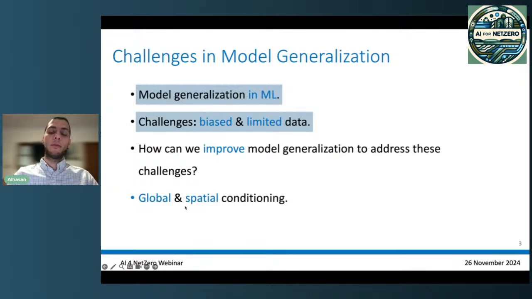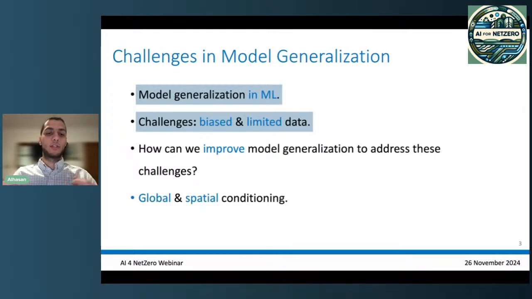But the discrepancy between the conditioning distribution and the training distribution could be due to a bias in the data. There could be certain assumptions in the training concept which don't necessarily apply for a particular subsurface reservoir, or the data itself could be limited in terms of the variability of the geological phases.